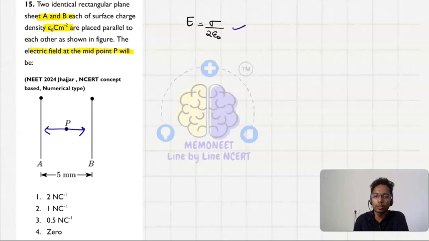The electric field does not depend upon the distance from the sheet, so these two electric fields will be equal to each other. So the answer will be EA minus EB, which equals 0, as these two electric fields are equal. So option 4 will be our answer.